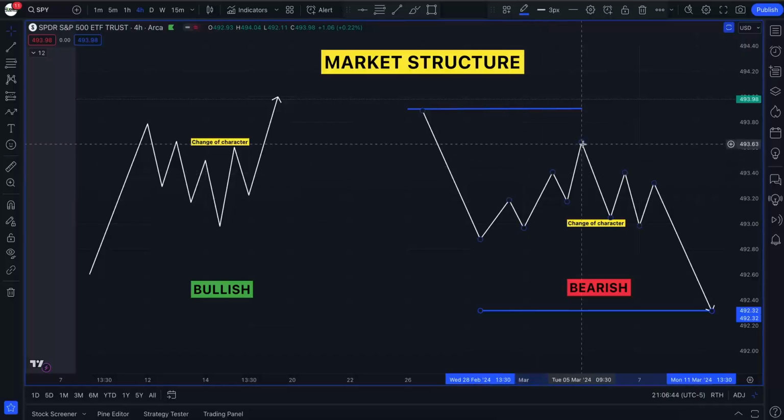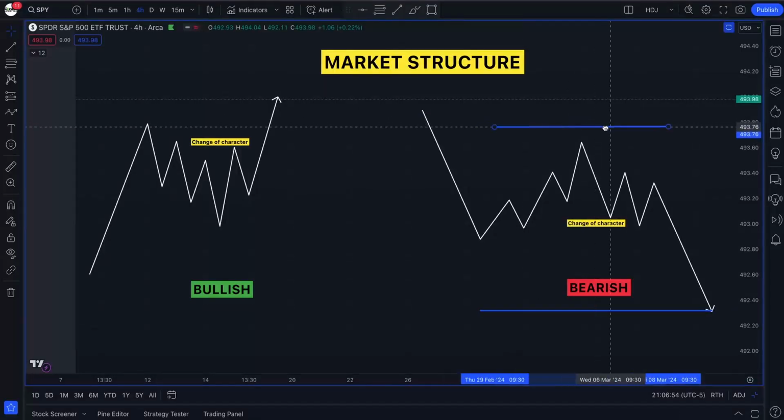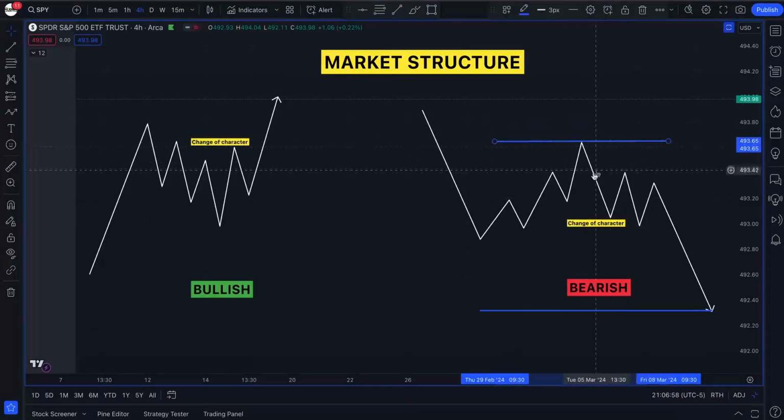But if you said here, you would be correct, because this is the highest point of this internal structure. So we will move this here. And this is our new high, and this is our new low. This highest point in the internal structure created this new low. So this is our new trading range in this bearish example.